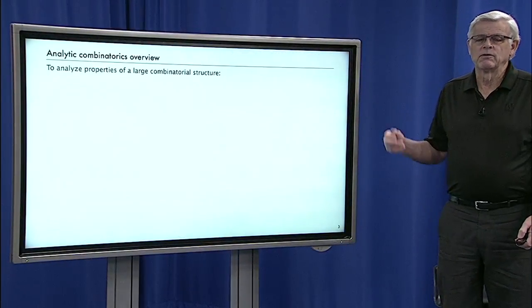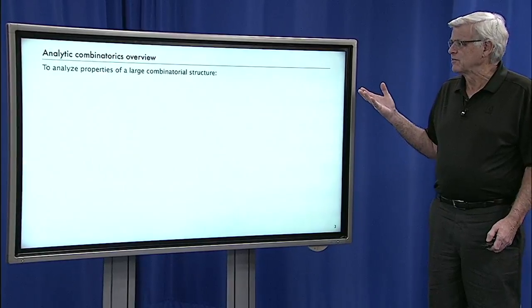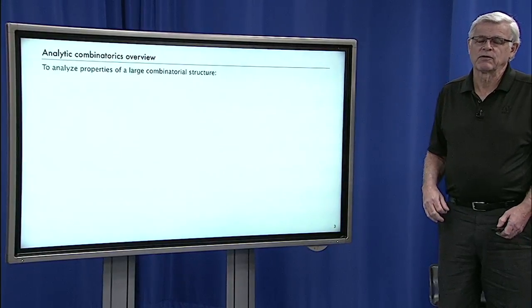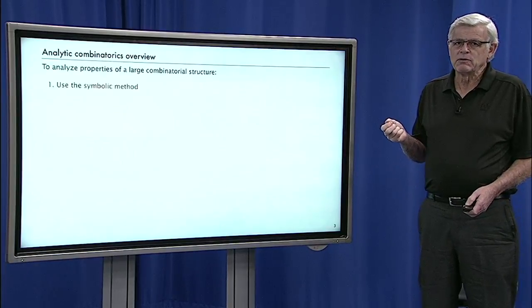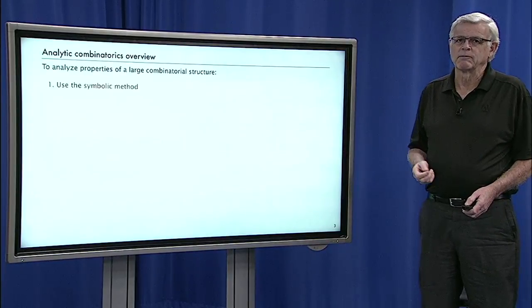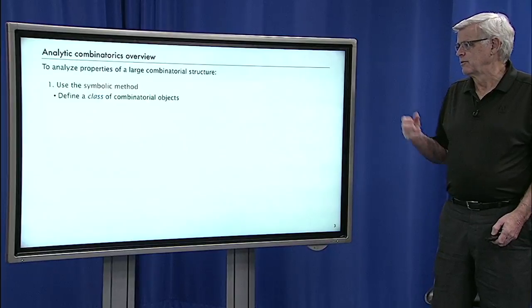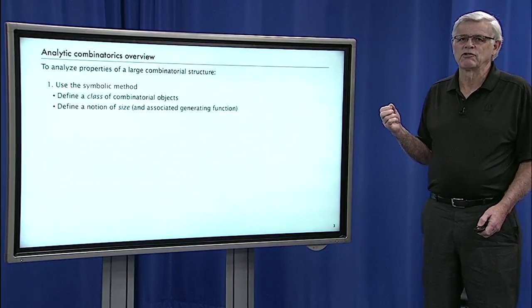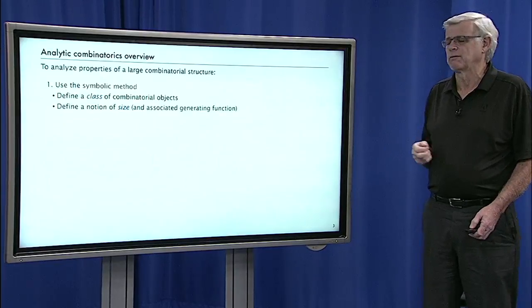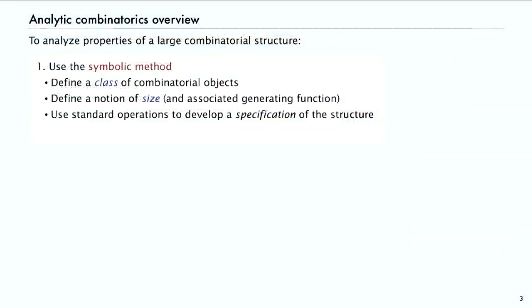So a quick overview of what analytic combinatorics is. Again, it's a calculus for analyzing properties of large combinatorial structures. What we do is use the symbolic method that I'm going to talk about today to define a class of combinatorial objects along with the notion of size and an associated generating function. And then we use standard operations or combinatorial constructions to develop a specification of the structure.